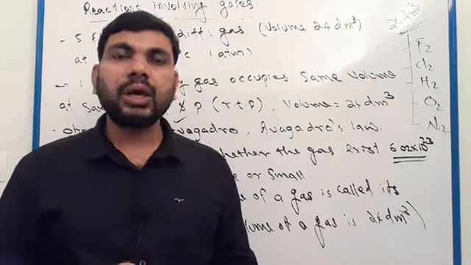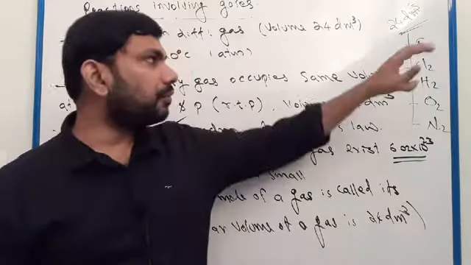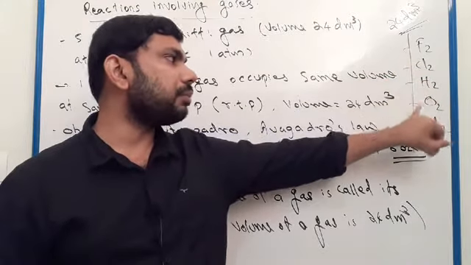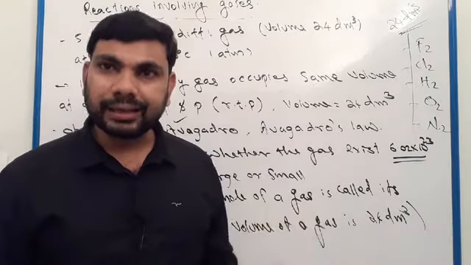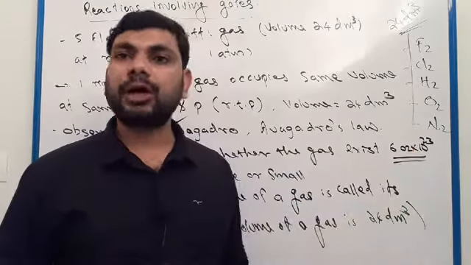Then we can say all of these are 1 mole of gas: 1 mole fluorine, 1 mole chlorine, 1 mole hydrogen, 1 mole oxygen, 1 mole nitrogen, because all of them contain 6.02 into 10 power 23 particles.